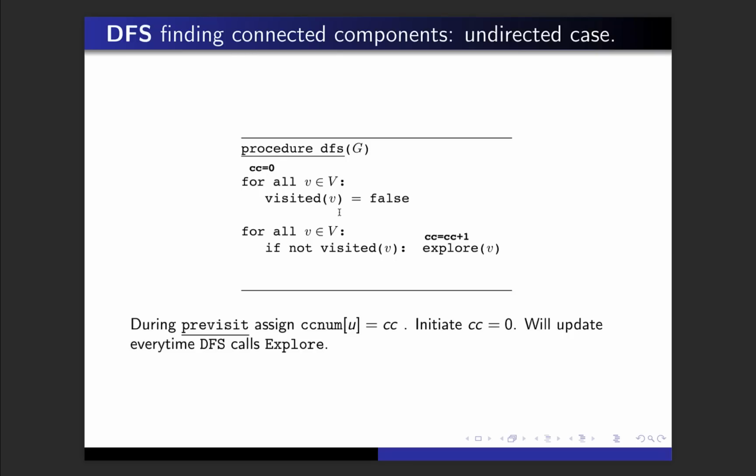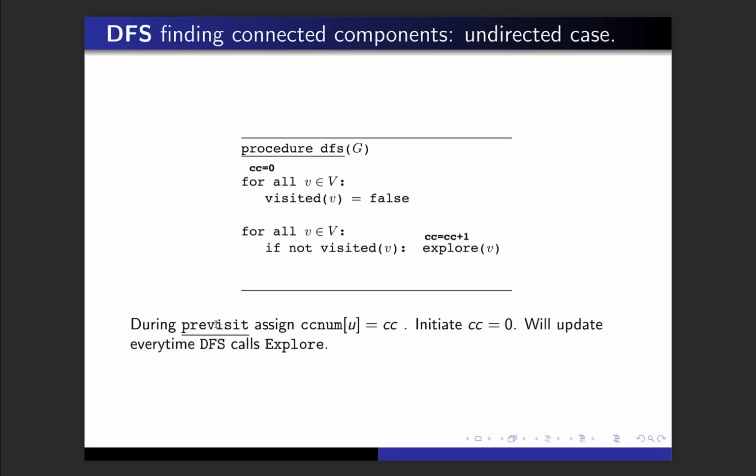And now, at the initial visit to a vertex V, I'm going to increase the variable CC by 1, and I'm going to explore that vertex. And notice that this update of CC will only happen when you visit a vertex for the first time in this outer loop, in this for loop outside here.